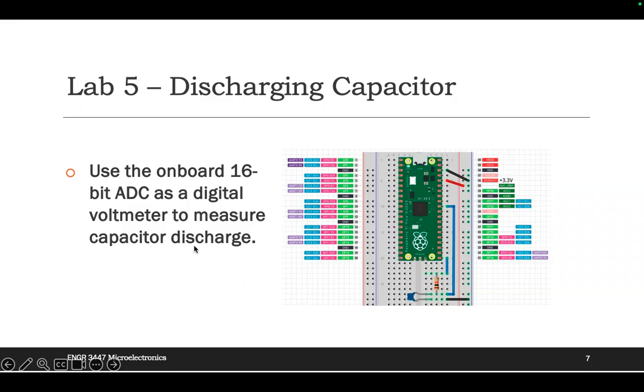That makes sense to you? Here we just observe the capacitor discharge.